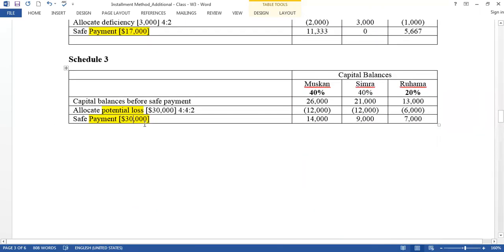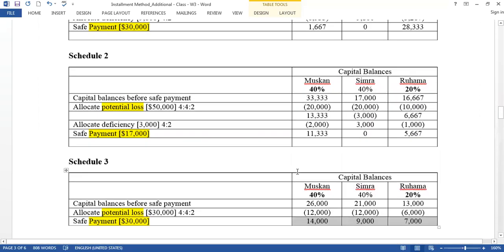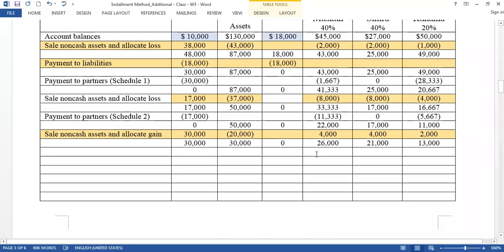So our cash available is $30,000, and we are going to pay this money to them. Whenever we pay this money to them, their capital is going to decrease because they receive cash, they cannot claim this money again. So they receive cash and we decrease their capital.